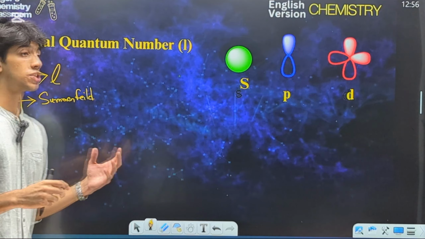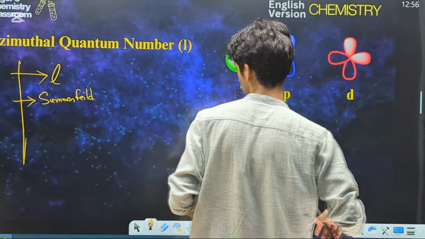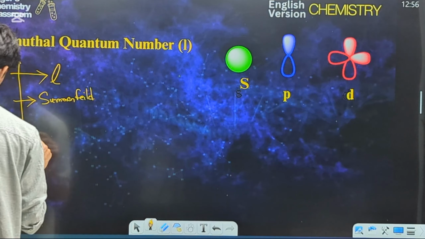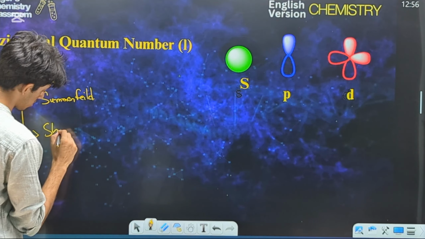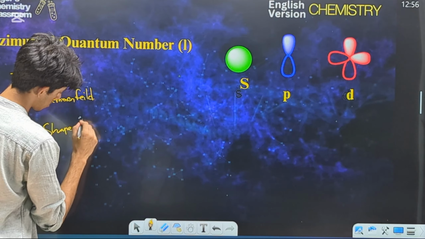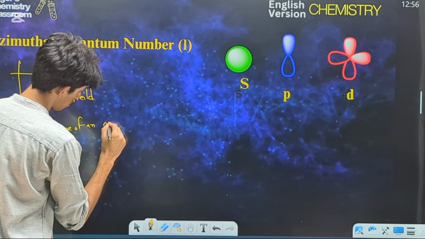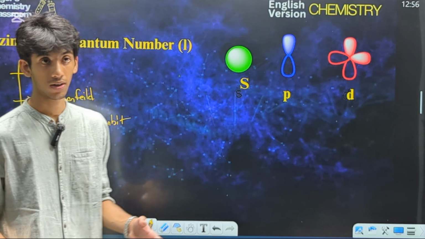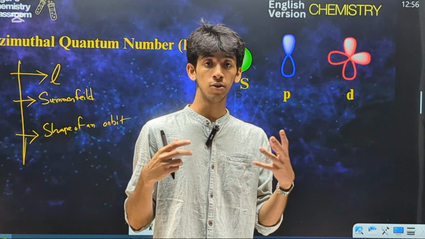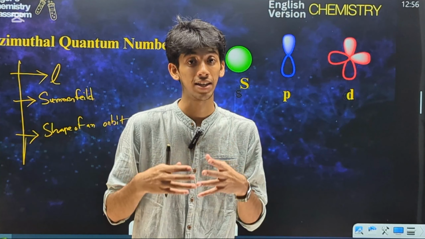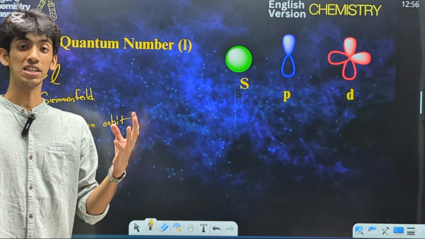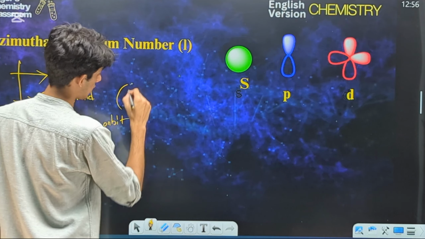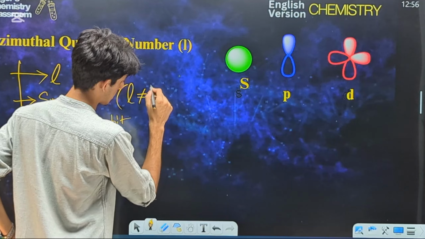It indicates the shape of an orbit inside an atom. But there's a catch. The value of L wholly depends on N. So what's the condition? The condition is L can never be equal to N.